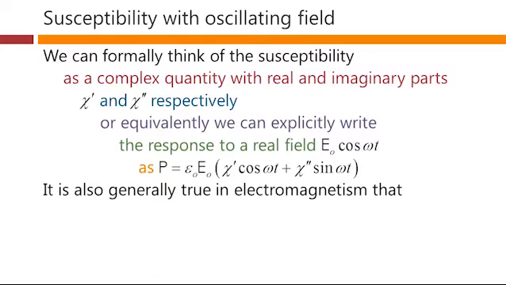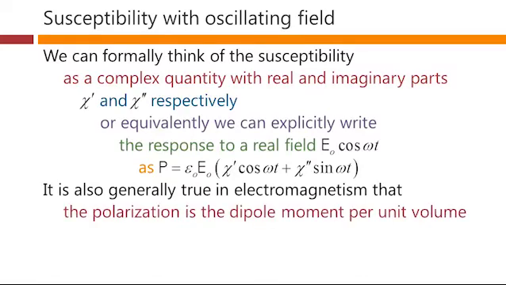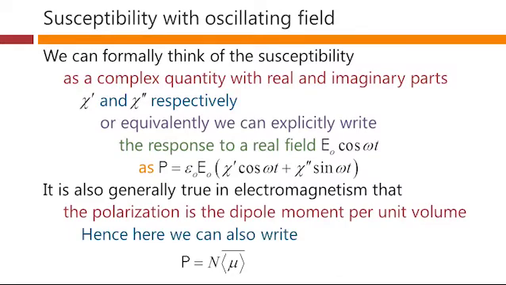It is also generally true in electromagnetism that the polarization is the dipole moment per unit volume. Hence we can also write that the polarization here is n times the ensemble average of the dipole moment of a typical system, a typical atom if you like.